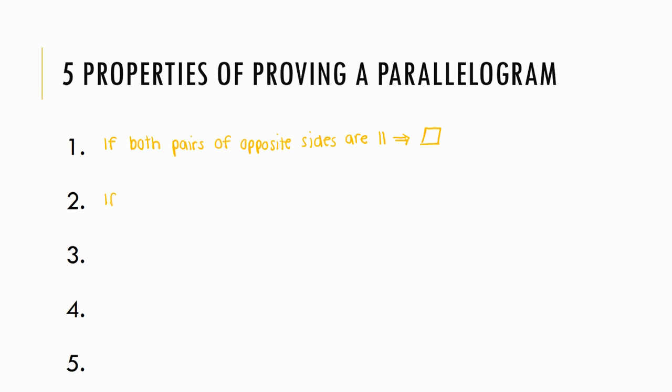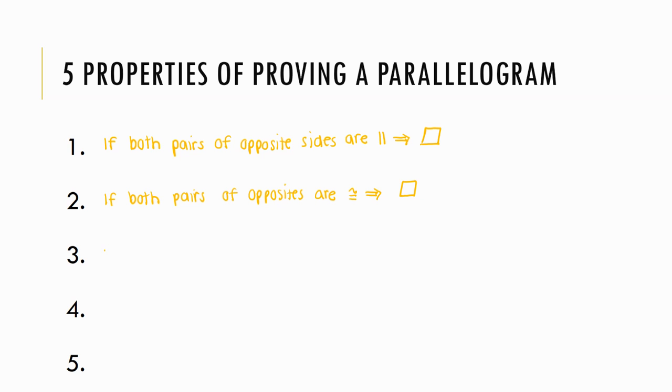The next one would be if both pairs of opposite sides are congruent. That is enough information to prove that we have a parallelogram. Now, this next one is going to slightly differ from those 5 original characteristics we had when we started with the parallelogram.